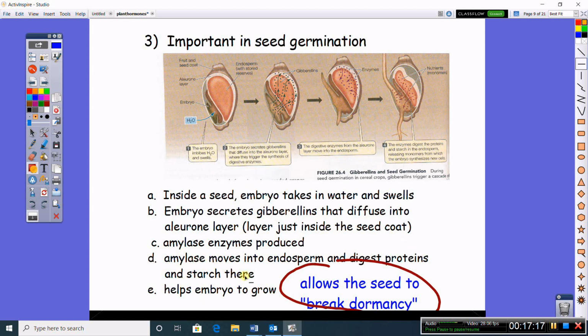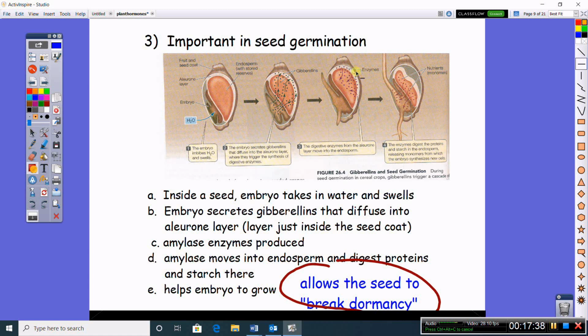I didn't have you refill in these notes because we just did those the other day. But remember that when the seed takes in water, the embryo takes in water and swells, and the embryo produces gibberellins that will diffuse across to this aleurone layer, which is right inside the seed coat.